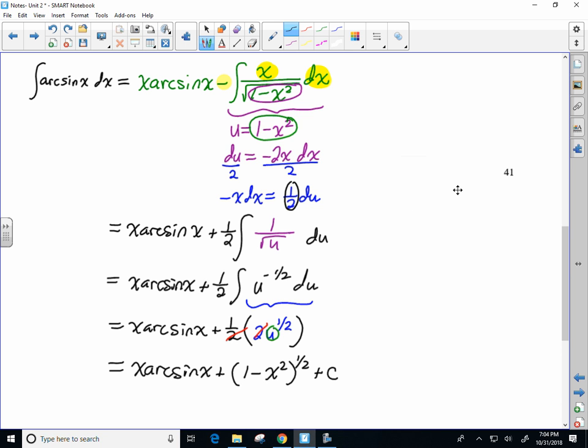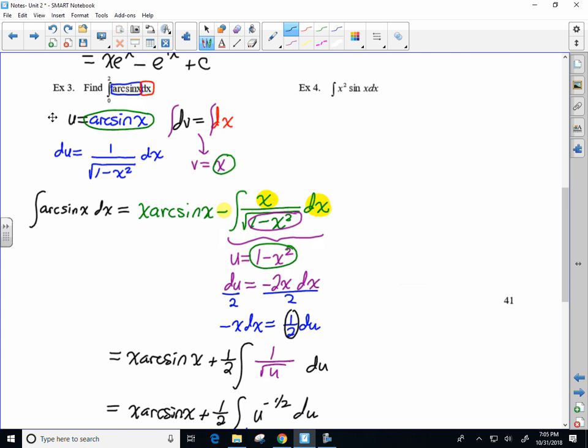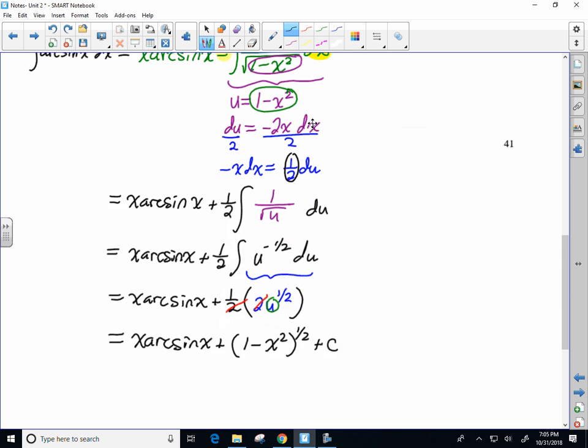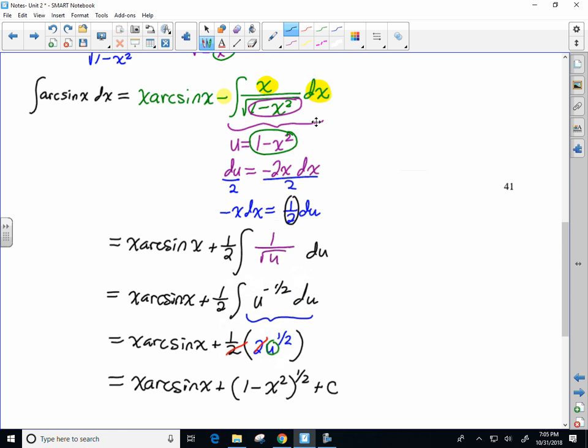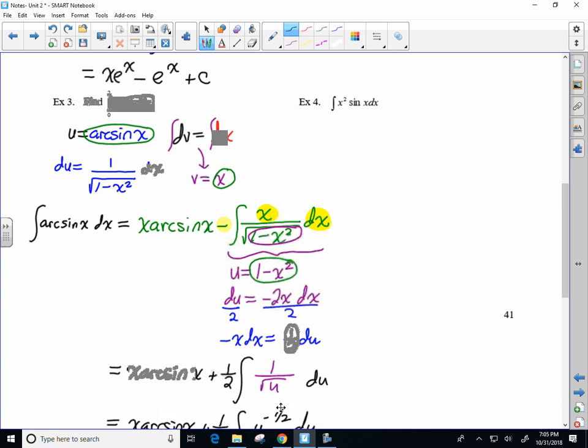It takes a lot of writing, and more so because I showed every single tiny little detail here. Generally speaking, you're going to have to write more every time you have to define a u and substitute. In this case, it's got multiple levels. We had to define a u once to mean one thing, and then later on to mean something completely different. So it's pretty interesting.